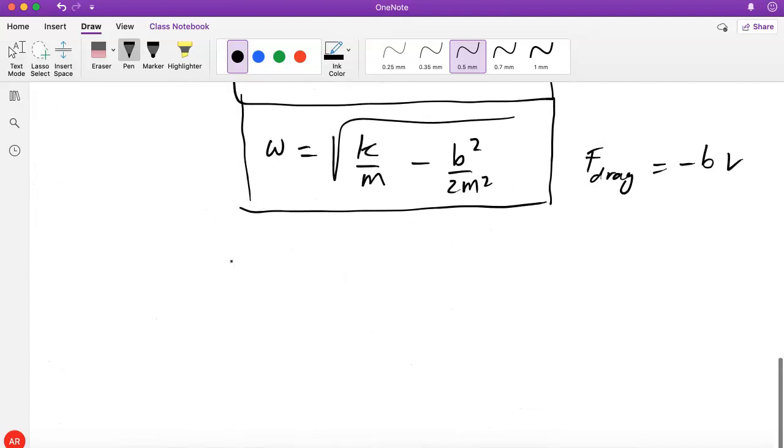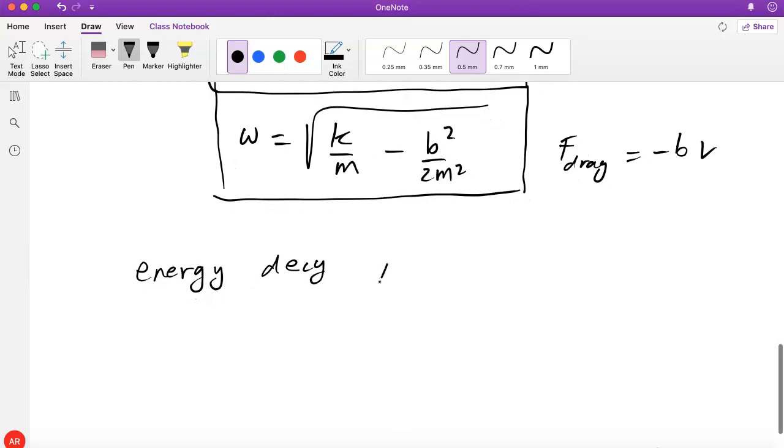So we find this important relationship for energy decay, which is E of t, say total mechanical energy. Of course, total energy of the universe is conserved, right? This energy is converted to heat in the fluid that's causing the drag force.